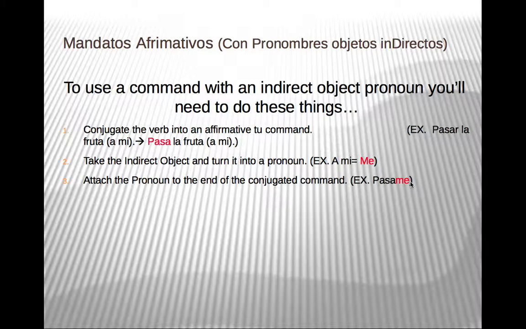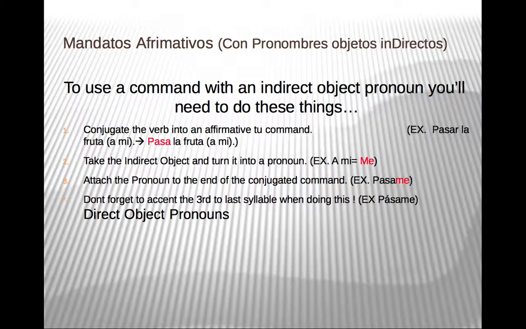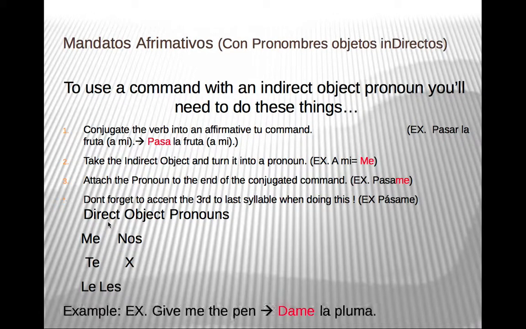You can just say pásame la fruta. But again, you have to accent it. Whenever you attach things to your commands, you have to accent that third to last syllable. Okay, that is a typo. This should say indirect object pronouns. I'll have to fix that. Okay, here's another example.